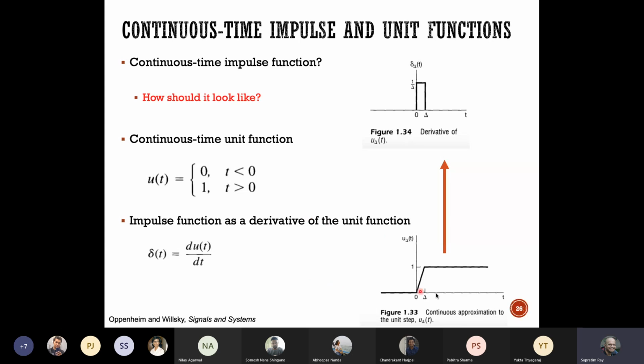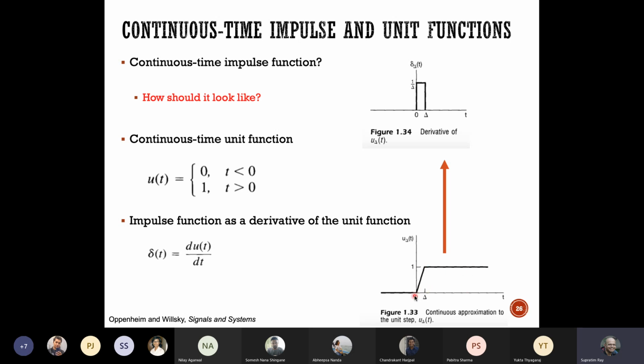So let's think of my unit function as an approximation where it doesn't jump to 1 immediately, it jumps to 1 over some little interval delta. Okay, so over an interval it became 1 and then it stayed 1. This is easier to understand. What is the derivative of this function? Well, the derivative is 0 here and is 0 outside, after delta as well, because it's not changing.